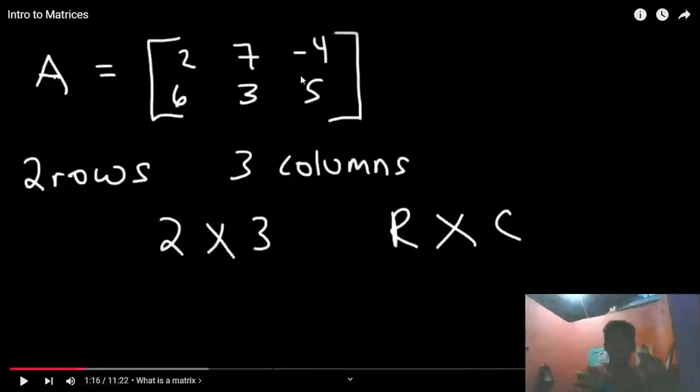So the rows go across horizontally, and the columns go downward, or from north to south. I don't like to use those complex words, but let me just see if I could give a visual illustration.